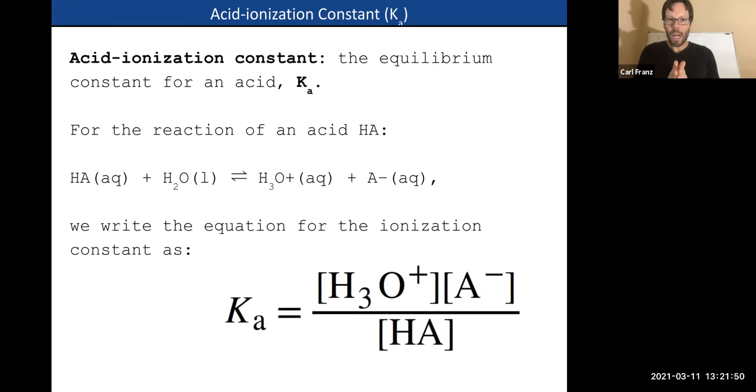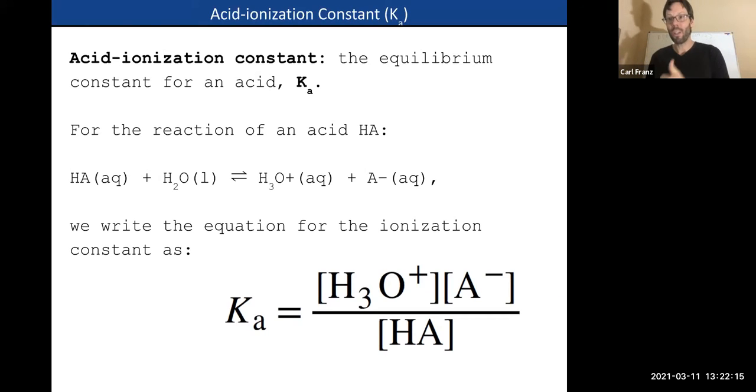What we can apply is an acid ionization constant, so Ka, which is like all these Ks. We have Kc, which is molar concentration. We have Kp, which is pressure constant. We have Kw, which is the ion product constant. And then we have Ka, which specifically pertains to acids.